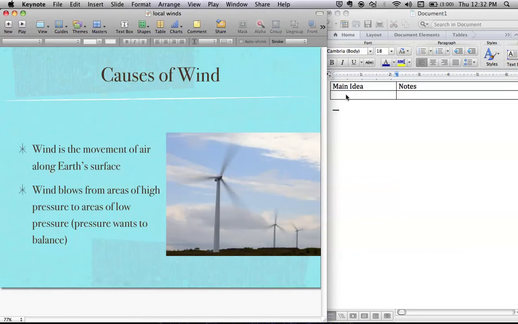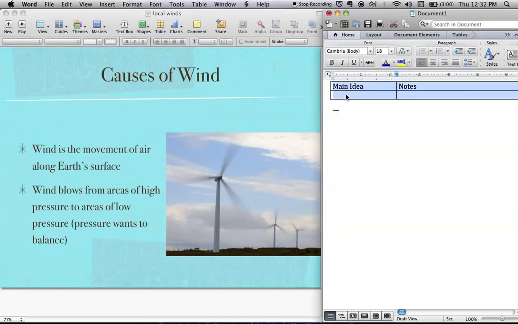So what causes wind? Well, first off, wind is the movement of air along Earth's surface, so side to side along the surface of the Earth. And wind blows from areas of high pressure to areas of low pressure, right? We know that pressure wants to balance. We saw that in our air pressure demonstrations, and so wind is just air moving to balance that pressure.